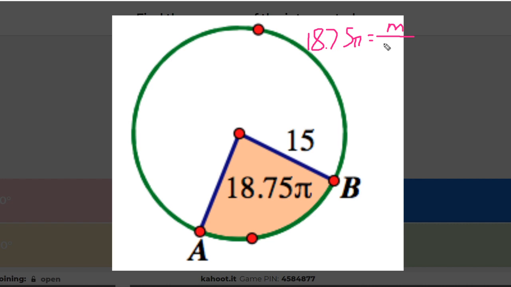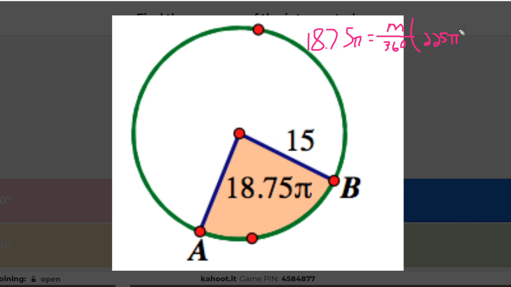What's always going to be on the bottom? Somebody not named Jeanette, tell me what's always on the bottom for sector area. Maybe my main man, Mikhail, could tell me. Is it 360? Thank you, Esme. Okay. And then 15 squared is 225.